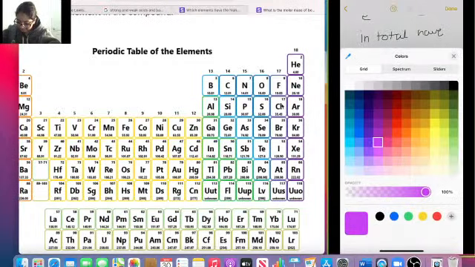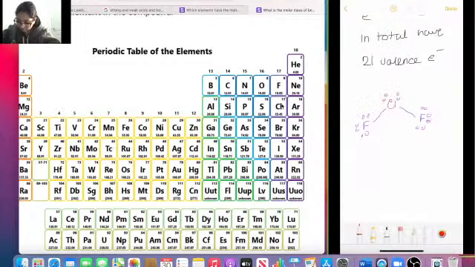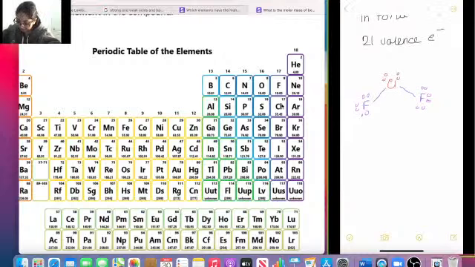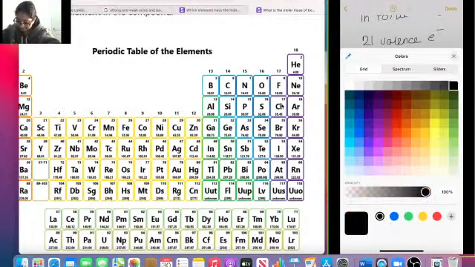However, since chlorine over here has completed its octet, right? We can now count how many electrons we have right here.